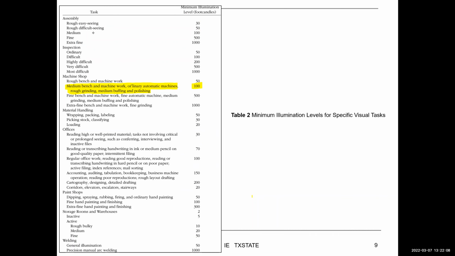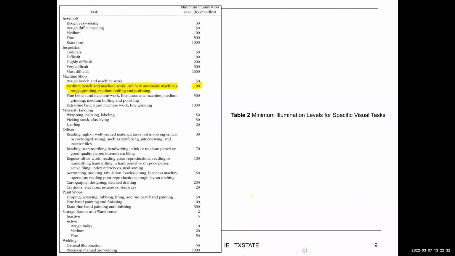Okay, so here's the table that I was referring to. This table is in your textbook, but it includes a list of the tasks that you might need to design for, and then the minimum illumination required in terms of foot candles.